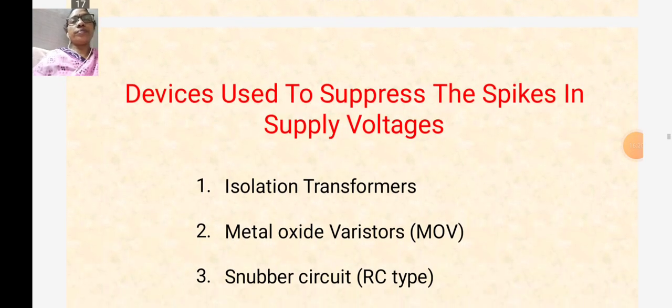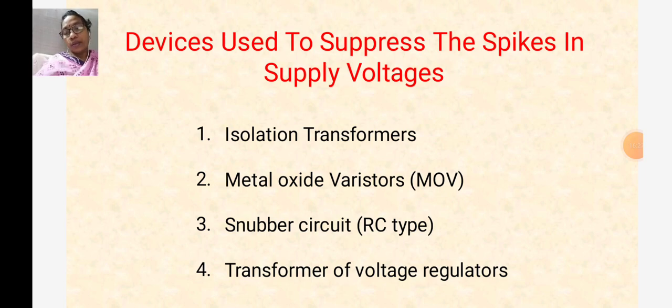Now, devices used to suppress the spikes in supply voltages. A voltage spike is a sharp positive or negative non repetitive voltage pulse superimposed over the supply voltage that exists for a short period of time.